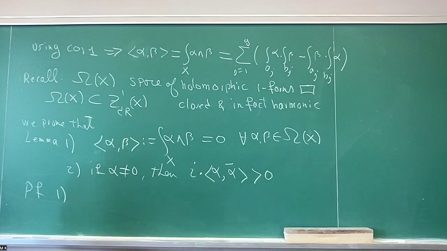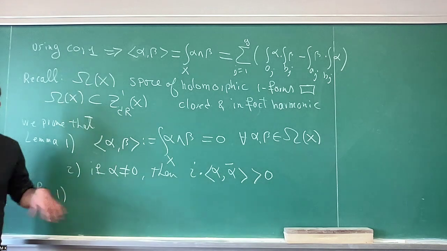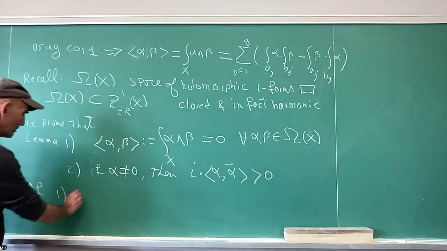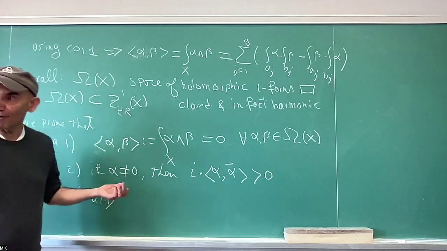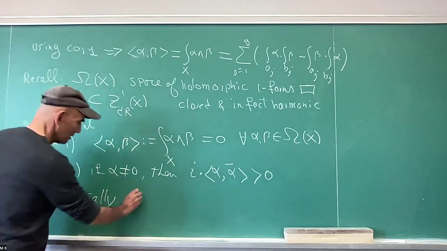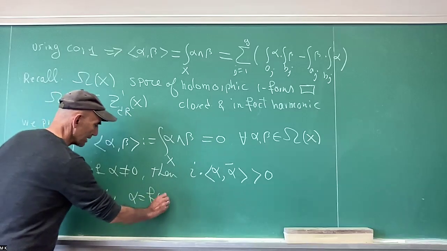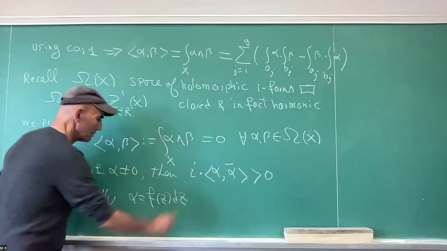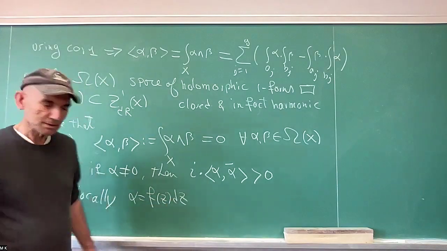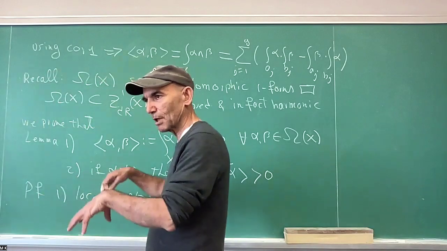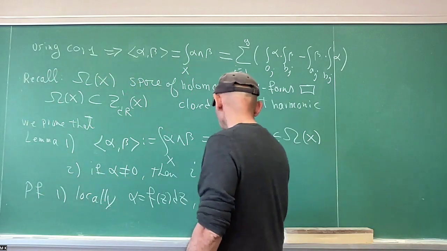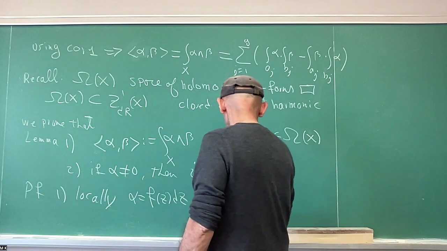Why don't you just compute it, basically. Exactly, we just write. Let us locally write: because this is a holomorphic one form, I can write alpha as f of z dz, and beta locally, again in some local coordinate system around any point, is g of z dz.